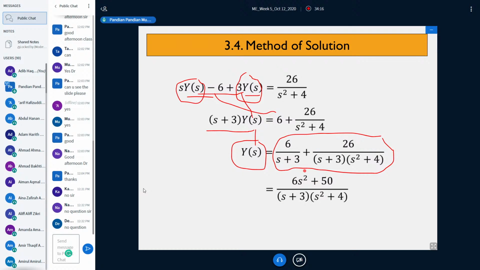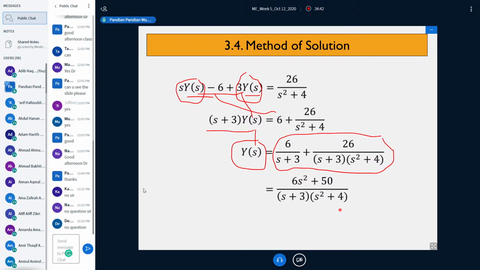So this is the problem class, how to handle this part. And this is what we call the algebra. The algebra is how to handle this part: 6 over s plus 3 plus 26 over (s plus 3)(s squared plus 4). The way to handle this is up to you. You can use many ways.